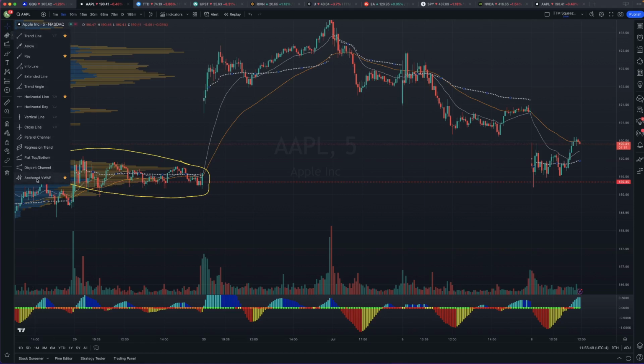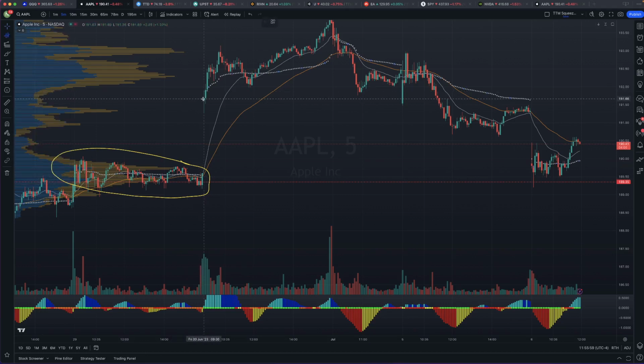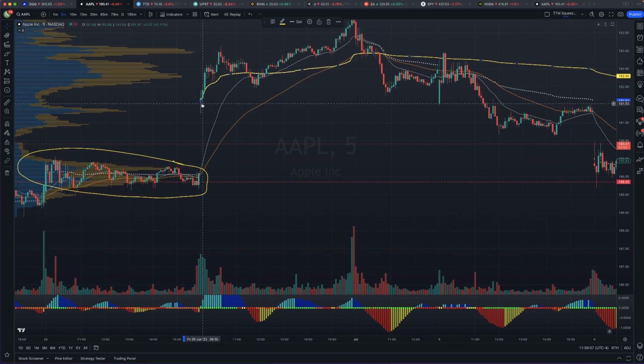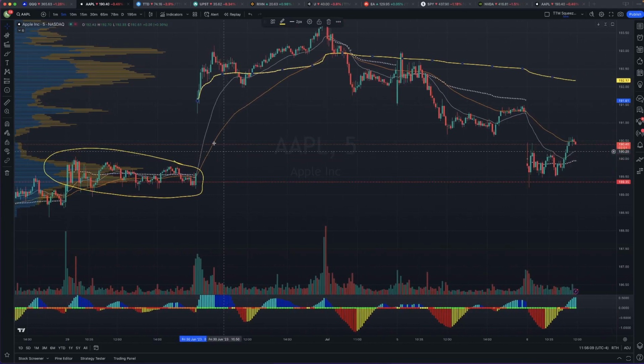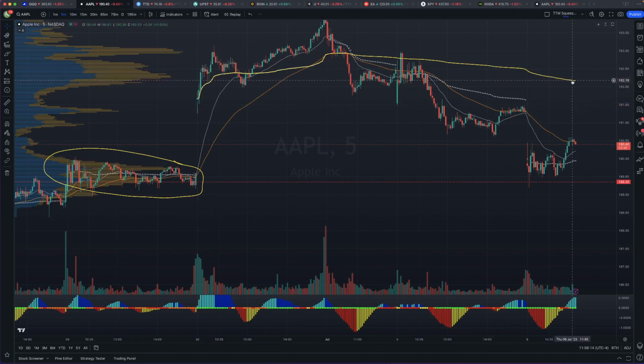I have it at the bottom of this section where I would have all my lines. You can see that when it opens up. And you set anchored VWAP, which means you anchor it to the start of news or event or a multi-day section of trading that you want to see, and that gives you sort of that average price for that whole section. Does that make sense? The difference between VWAP and anchored VWAP?